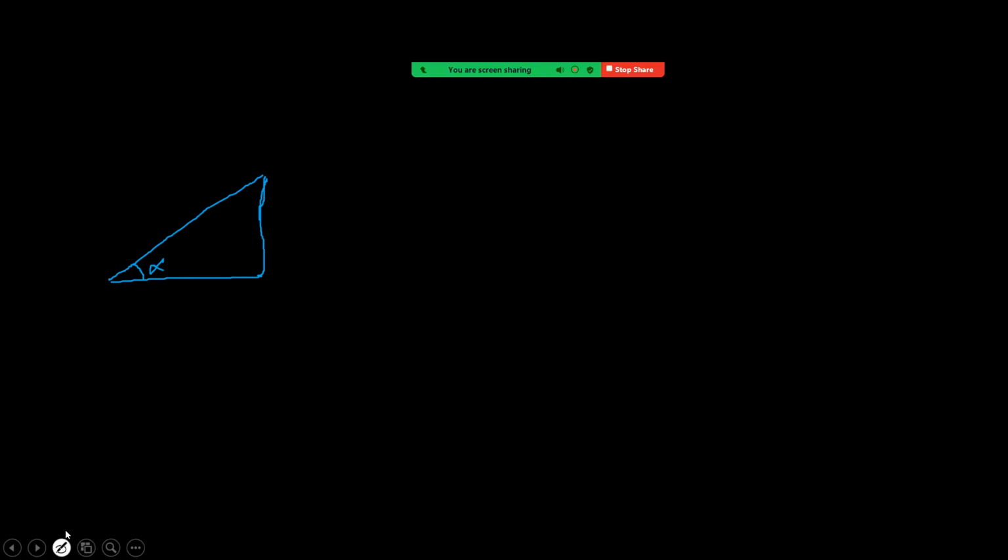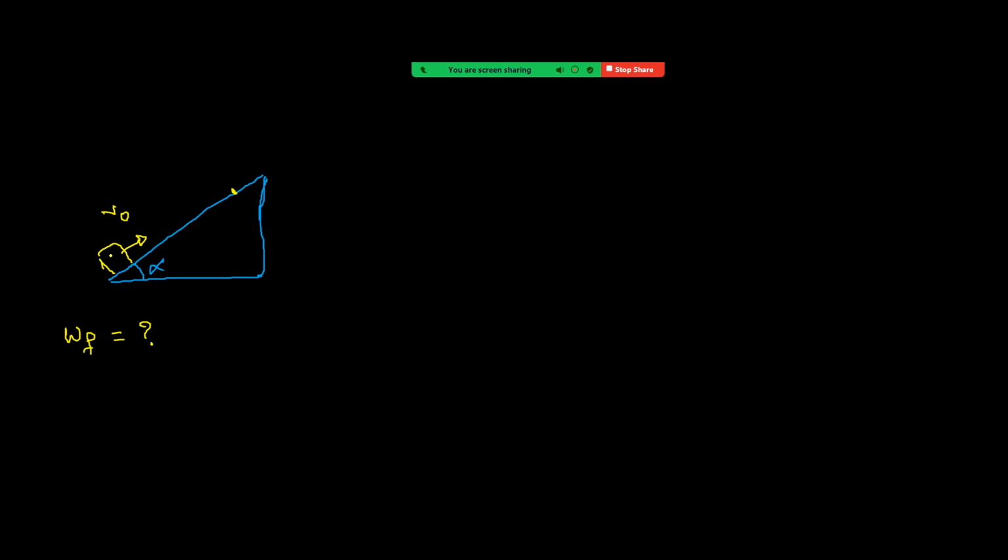A body is now projected with a velocity v naught, and finally it comes to rest. So we have to find the work done by friction. It is asking first, what distance will the body cover before it stops? How much distance does it cover?